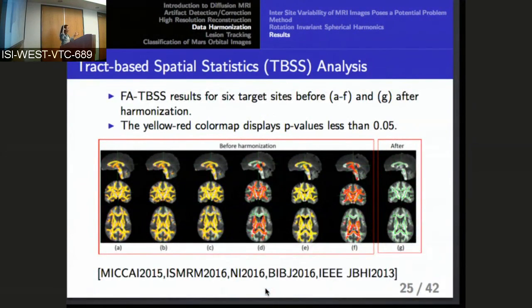We register all of these subjects to a template, and for this template we have segmented white matter, and then we have correspondences between the voxels among all the subjects, and we compute those p-values voxel-wise. What is shown here in this red rectangle are the computed p-values before harmonization, and whenever something is yellow or red, that means the p-value is less than 0.25, which is bad. But after harmonization, all the p-values are green, which is good.